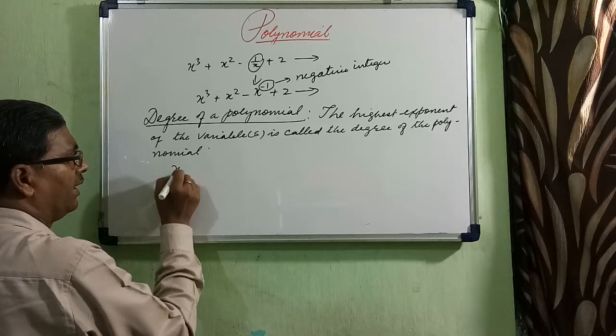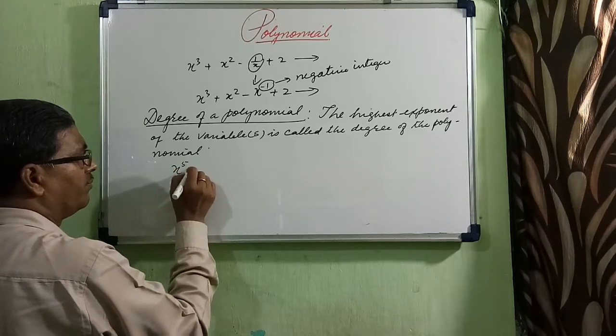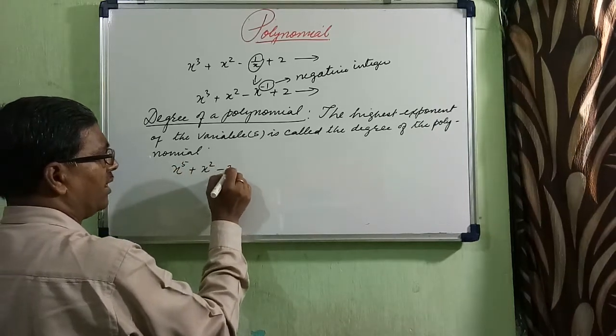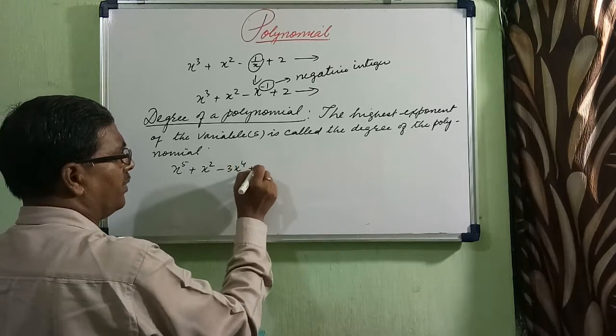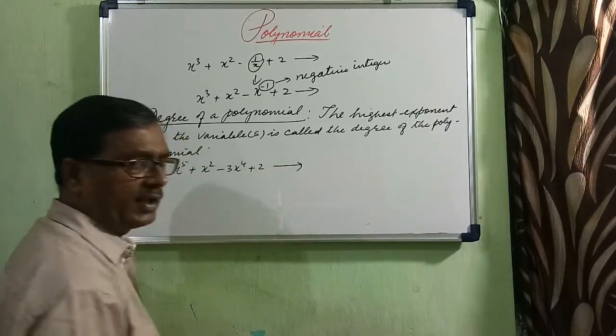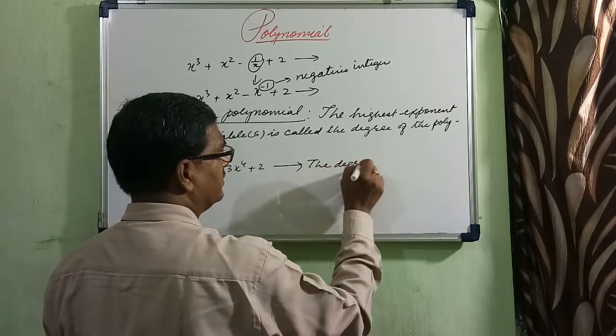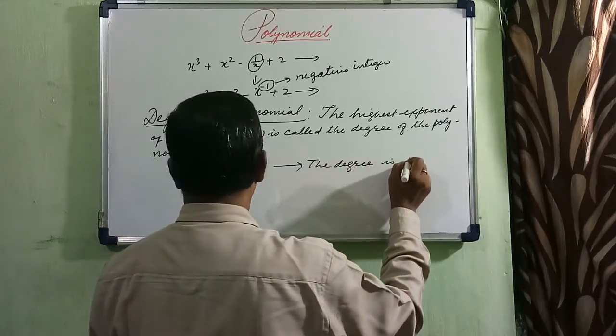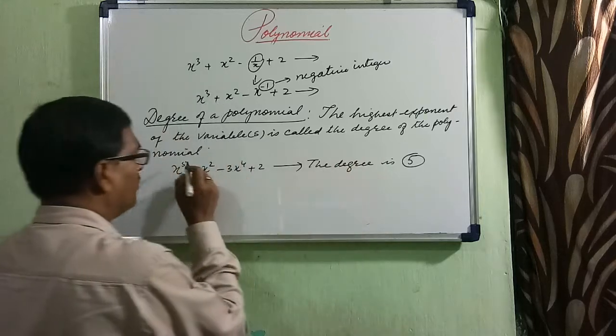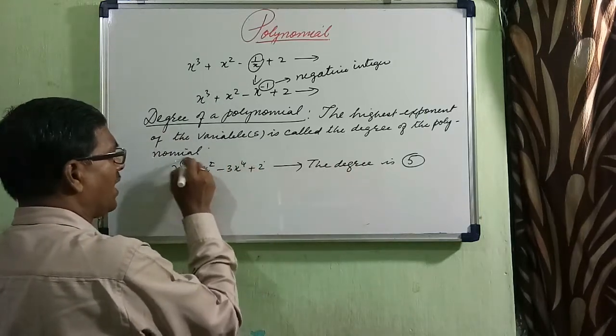Like x to the power 5 plus x square minus 3x to the power 4 plus 2. What is the degree? The degree is 5. Why? Among all these exponents, this is the highest exponent.